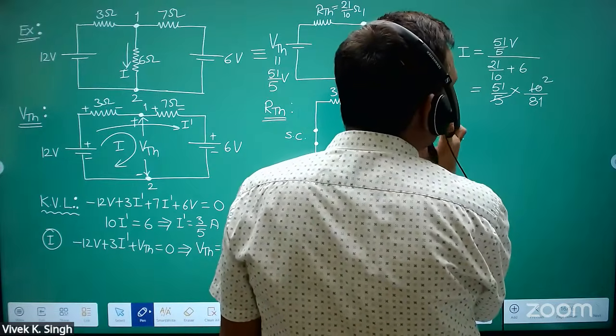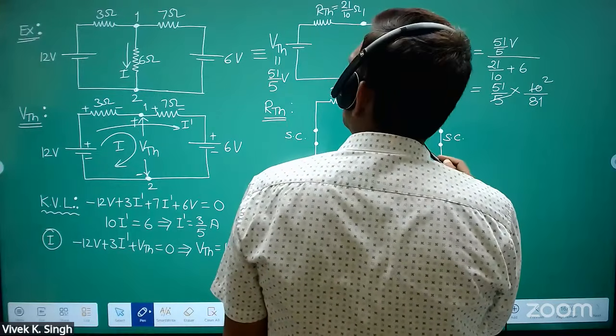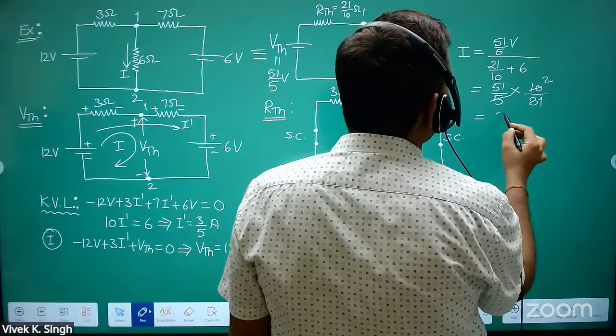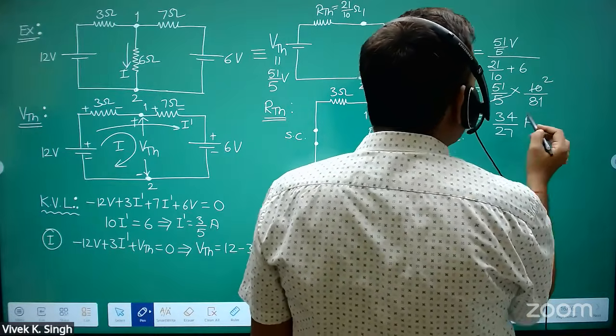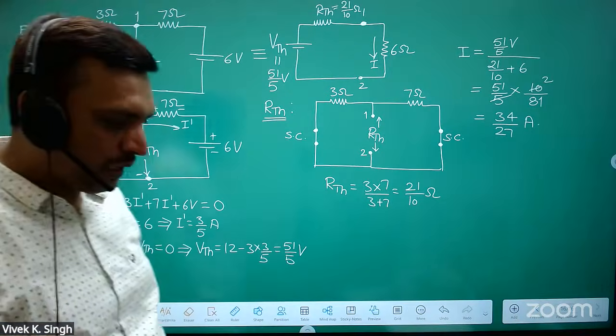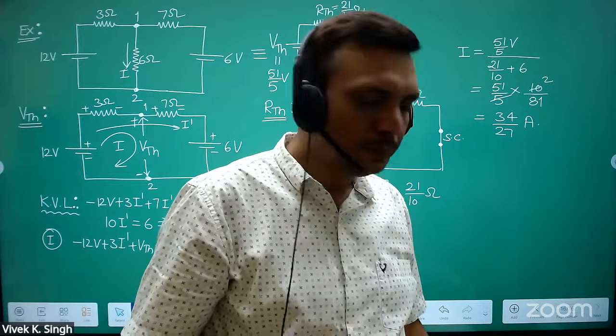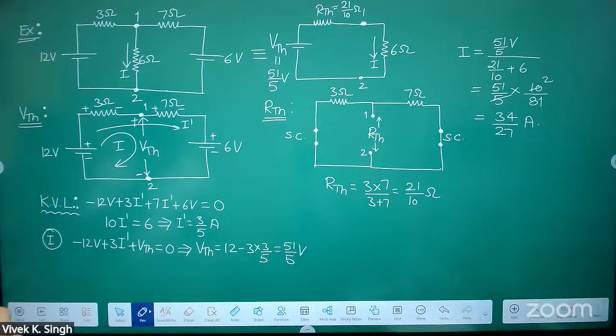So what will be this value? 34 by 27. I think we have calculated the same value using superposition as well as using KVL, KCL. Yes or no? Yes, sir. So using Thevenin's theorem also, we have verified the result.